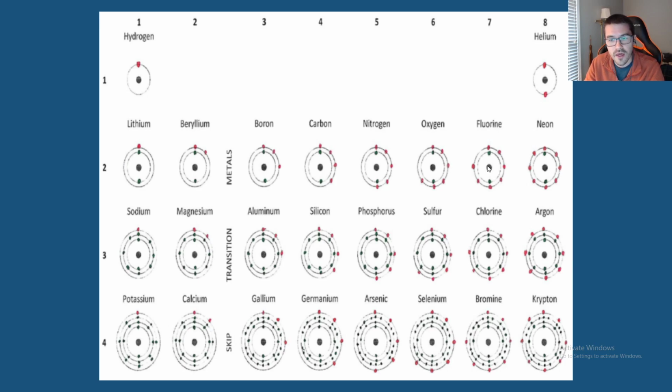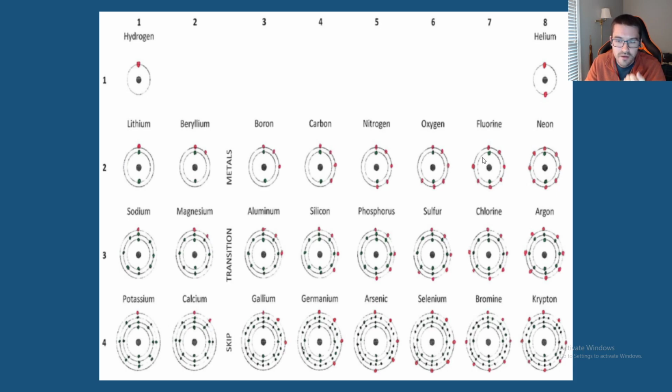And so what we said was that the effective nuclear charge is much bigger in fluorine, and that means these valence electrons are feeling a stronger attraction towards the nucleus than the electrons in beryllium are. Think about just the magnitude of the positive charge. We've got 9 protons here compared to just 4. And we don't have any additional shielding effects; the shielding in beryllium is the same as it is in fluorine.